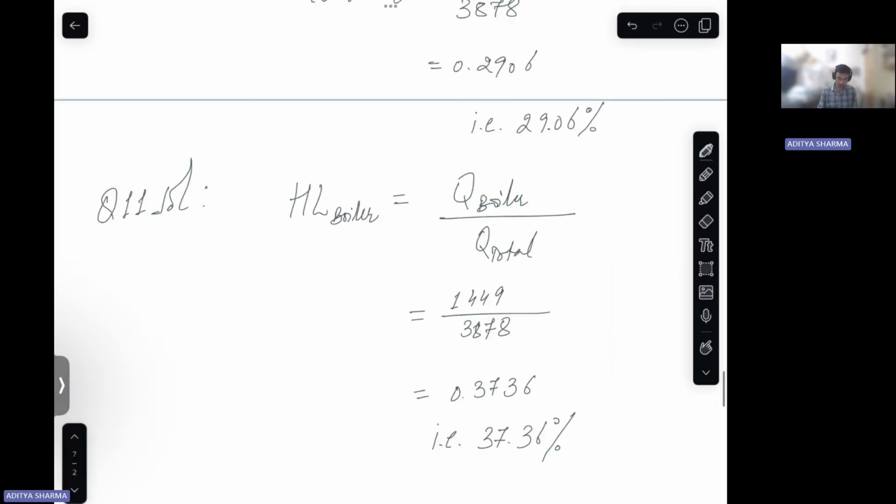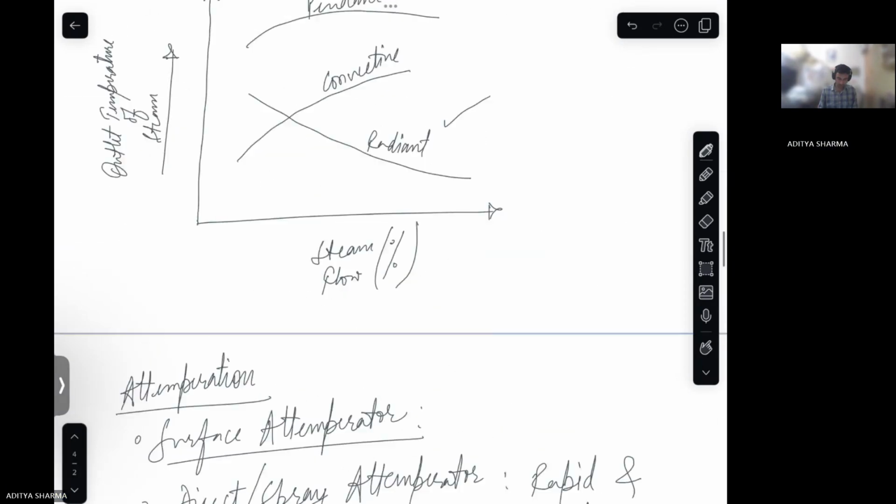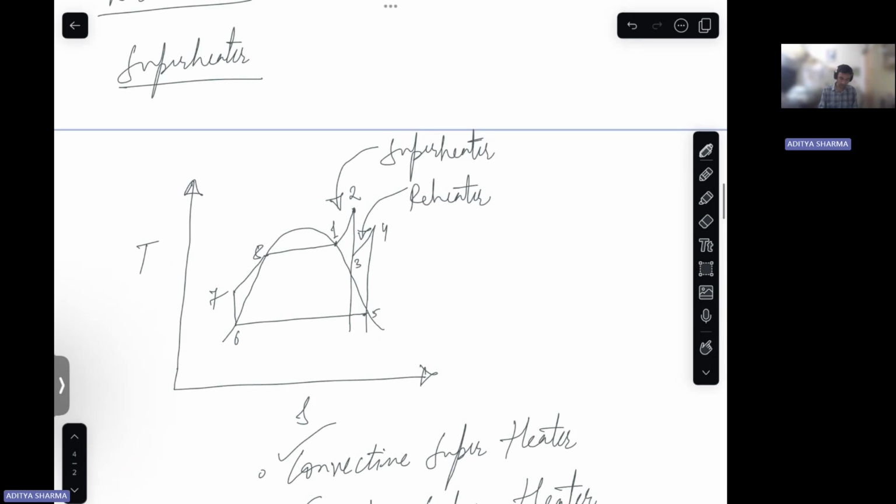I hope you remember, in the session related to the Rankine cycle we have discussed it.